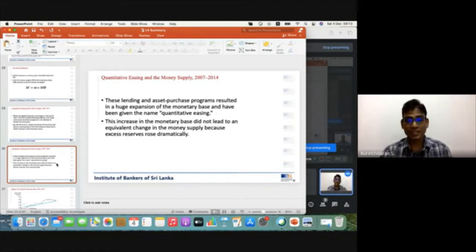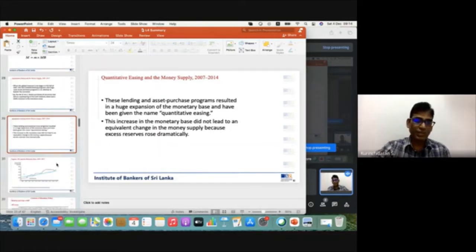So that can happen, right? Even in 2007, if a bank sees the present situation is risky, they don't lend. Whatever amount you release, the bank will not lend, so it would be accumulated as excess reserves. The central bank issues currency, then it becomes excess reserves.